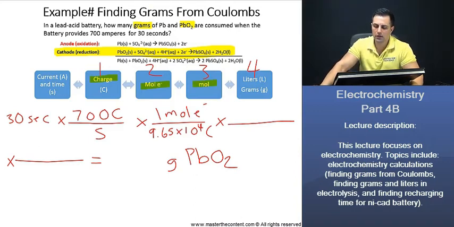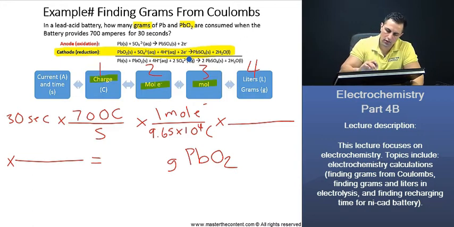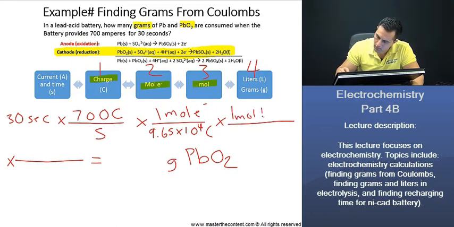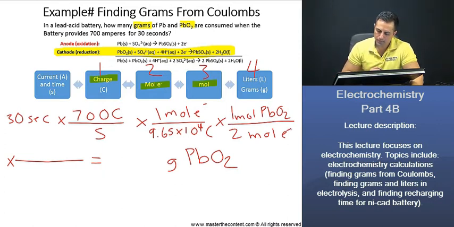Now we're going to need moles. Well, let's take a look at our reaction. Per mole of our lead oxide, we're going to have 2 moles of electrons. Thus, we can just go ahead and write per mole of our lead oxide, we're going to have 2 moles of electrons. Wonderful. Now, the last one is just going to be our molar mass for lead oxide.